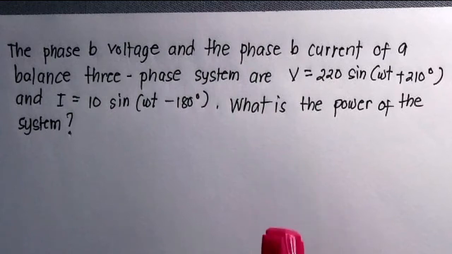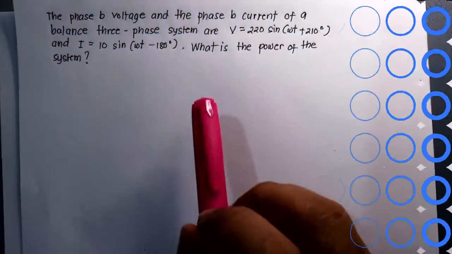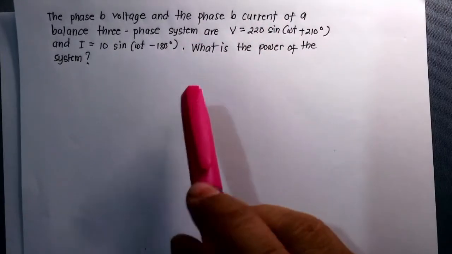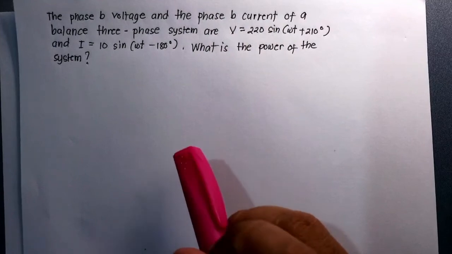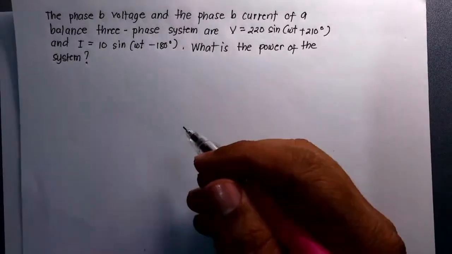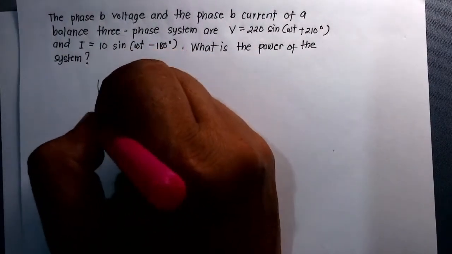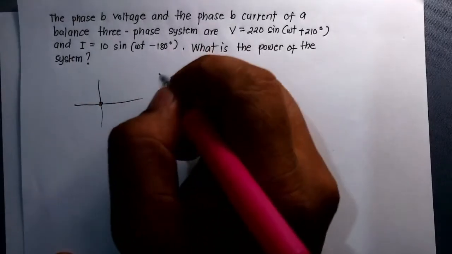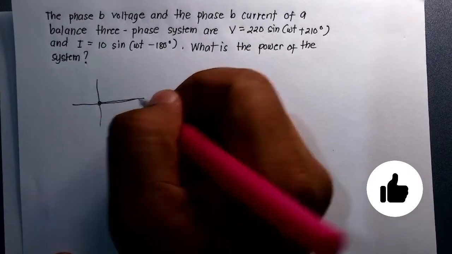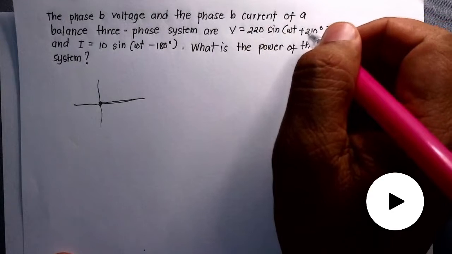use many techniques in solving this problem, and one of them is to represent these given values in a phasor representation in the xy plane. So if you have the phasor representation of this in the xy plane, this part is the reference, and the angle for your voltage is omega t plus 210 degrees.